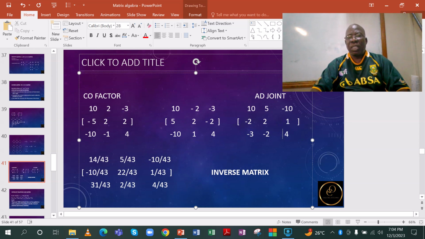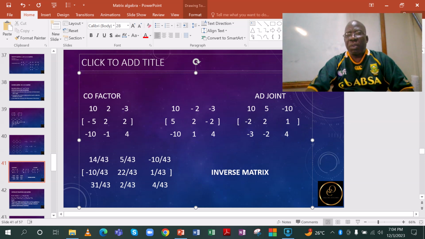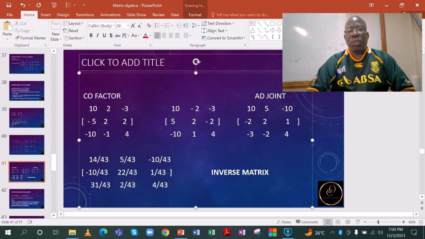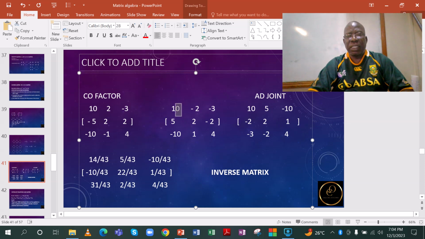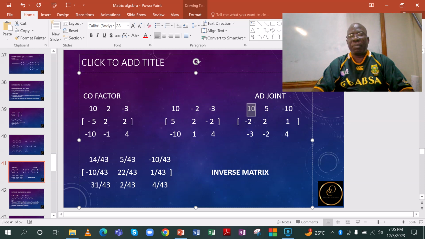Okay, so how do you know that you have the correct position? So this 10 here, the I, which represents the number of the row, is 1, the J is 1, column 1, row 1, column 1. You transpose, it still becomes 1, 1, so that's why it maintains the same position here.